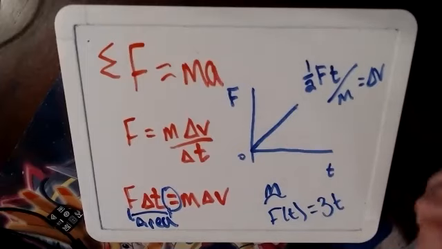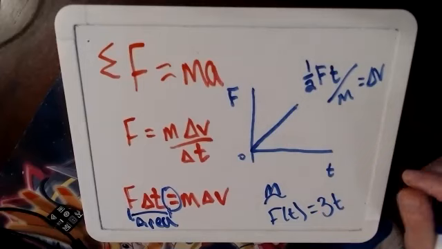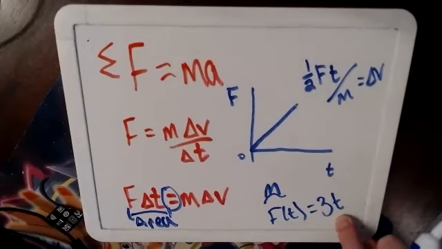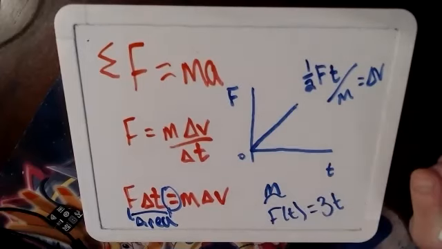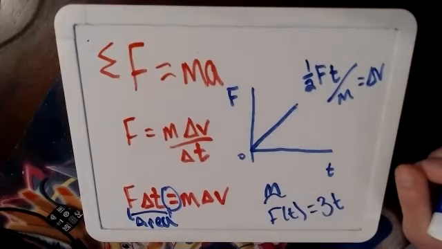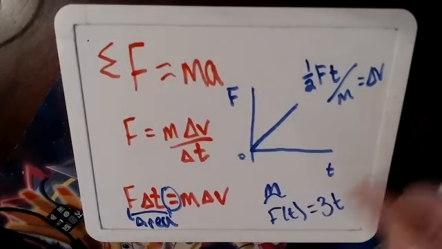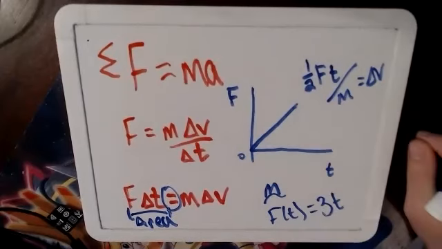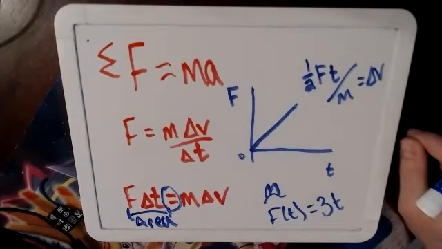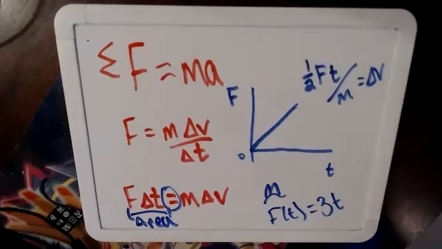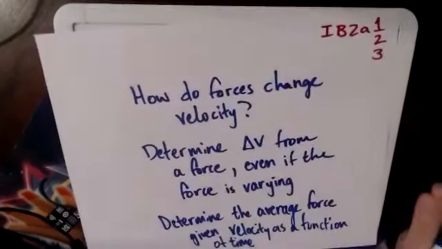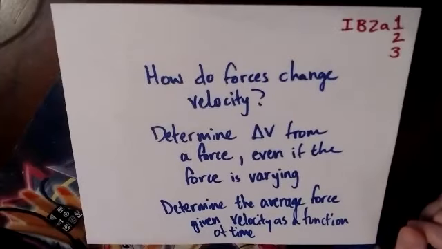So just something to keep in mind as you go forward, is you could integrate this side and set that equal to that as well. Area is an effective approach there. Note that you can't get the change of velocity unless you know the mass. So that takes care of that.